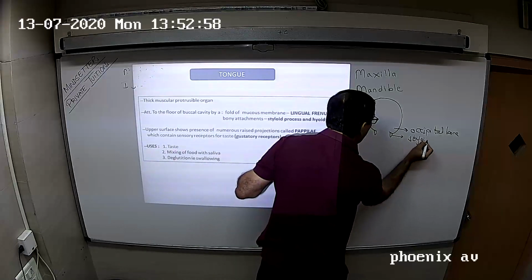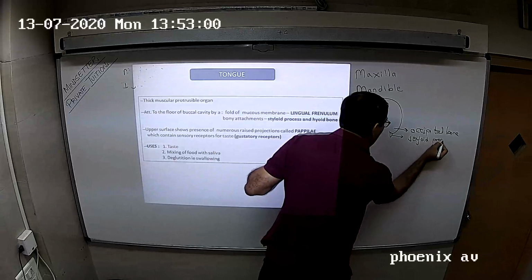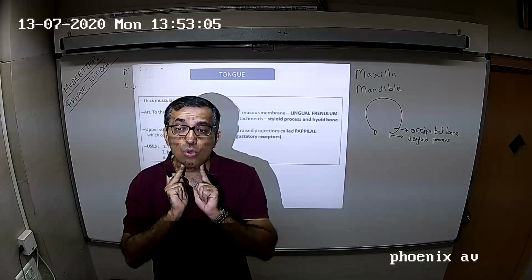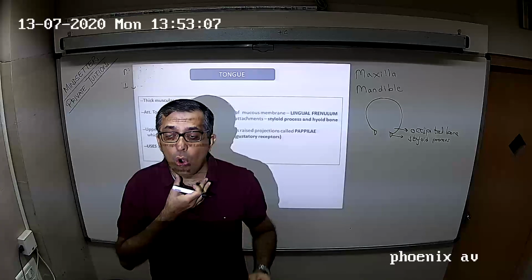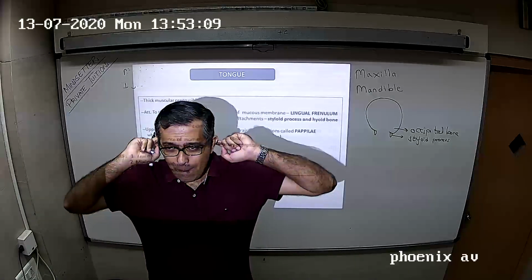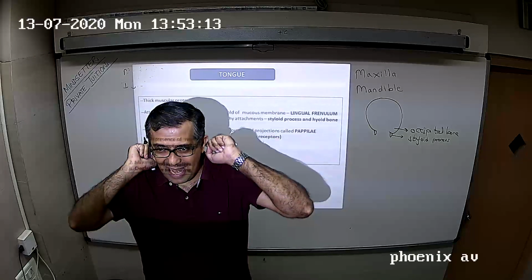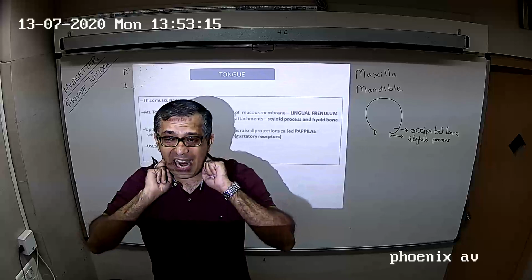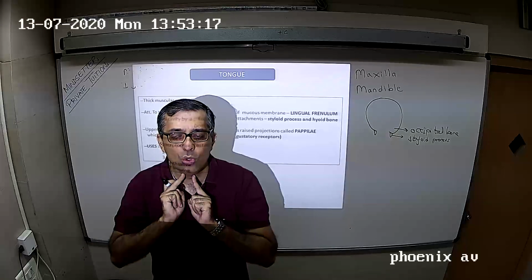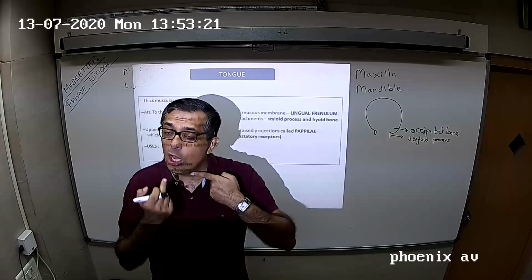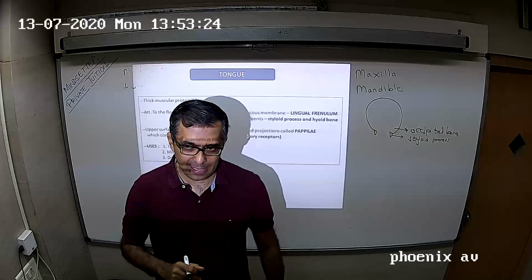And from the styloid processes, tissues come out, tissues which are attached to the tongue. So the tongue has two supports: at the back is the occipital bone, from the occipital bone come out the styloid processes, and by tissues the styloid processes are connected to the tongue, and the hyoid bone is also attached to your tongue.